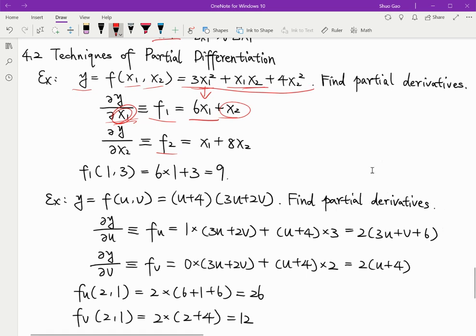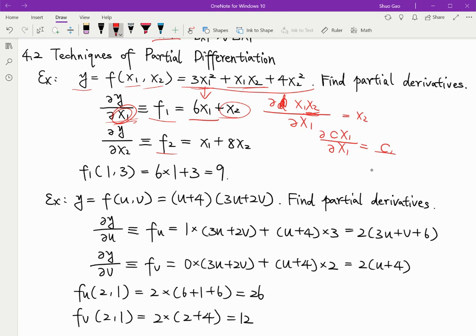So it's just like the partial derivative of x1 x2 over partial x1 is just x2, because we treat x2 as a constant. So a constant times x1, partial x1, you get just c, right? So we treat x2 as constant.